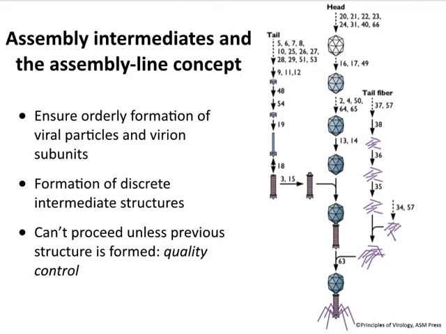And the key here, the reason this probably evolved like this, is quality control. You can't proceed unless the preceding subunit is correct. So if you don't have a tail formed, this capsid is just going to sit there. It doesn't go any further. And if it's malformed in some way, it probably won't assemble either. So sequential assembly pathways, common for many viruses, help assure quality control.